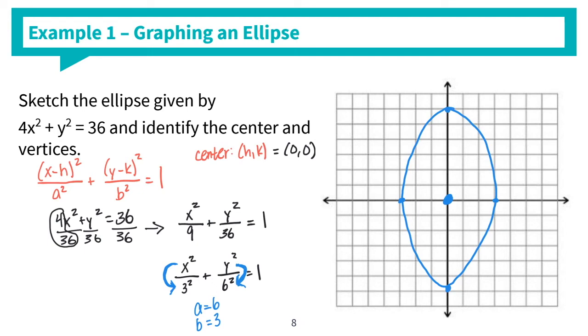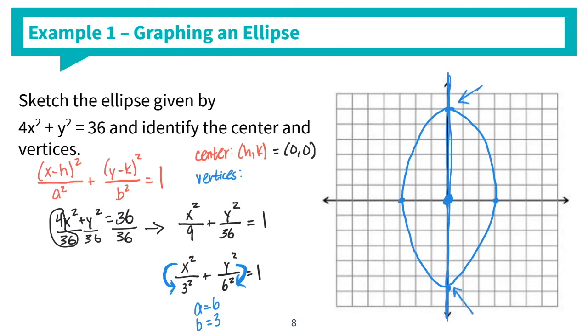Now we identified the center, but we also need to identify the vertices. Well, the vertices have to be the endpoints of the major axis. So which one's the major axis? Is it the x or the y? Well, because the ellipse is longest in the y direction, this right here is considered the major axis. All right, so my vertices have to be these 2 points.